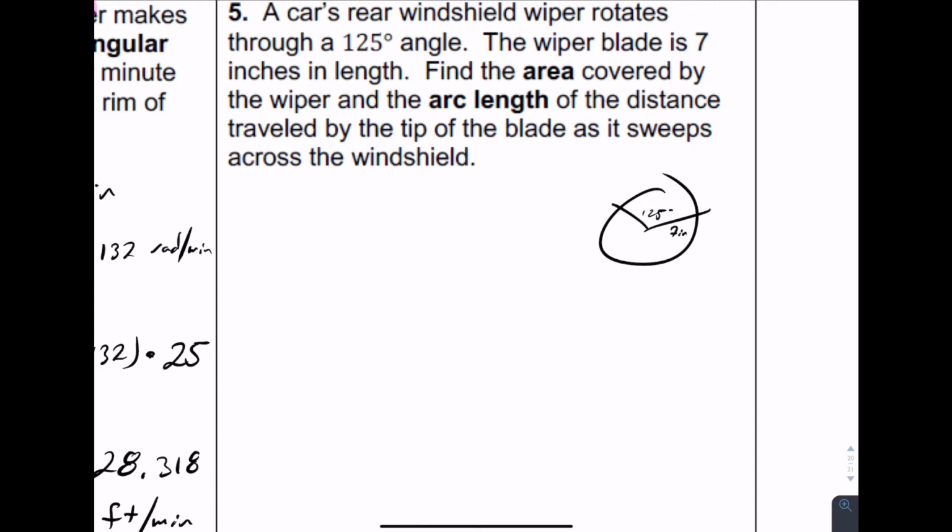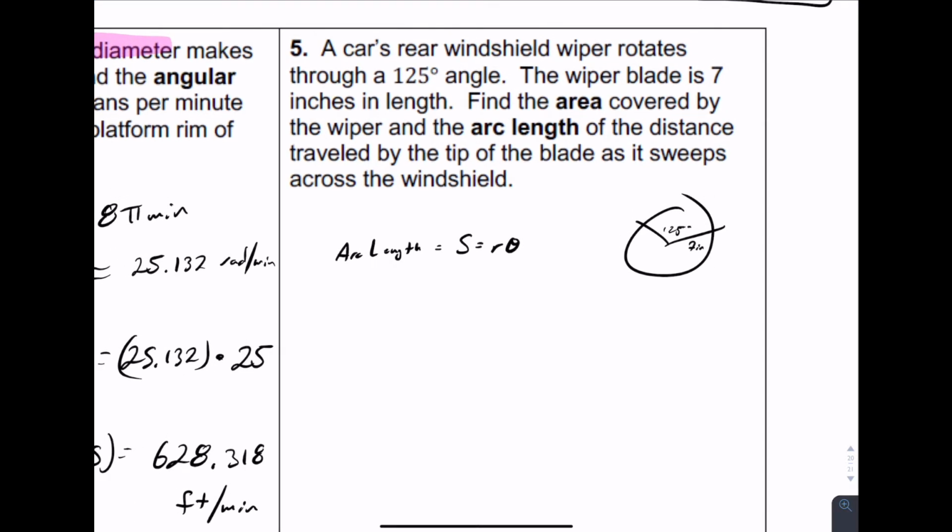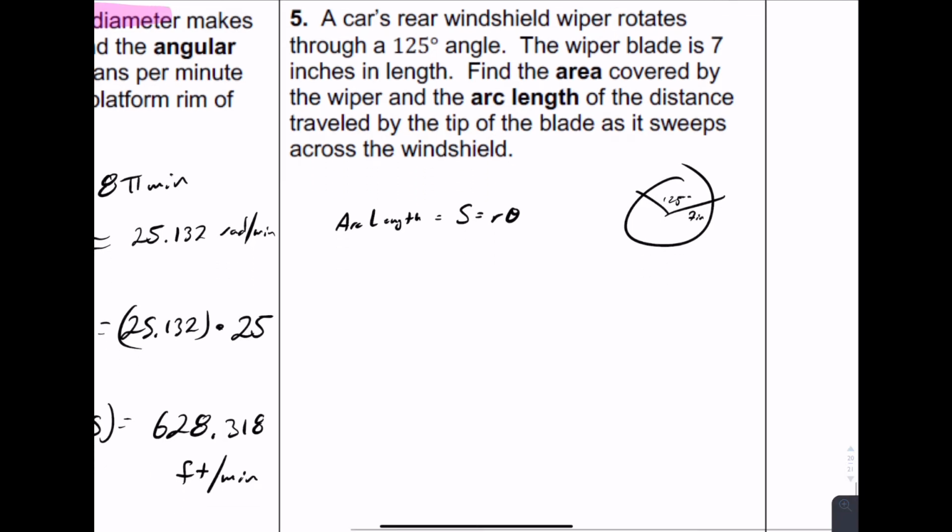Okay, so easy. Arc length. Again, from our formula sheet, that distance is r theta. So r times theta. Well, we already know that the radius is 7 and the angle is 125 degrees, but we can convert that into radians. So let's do that real quick.